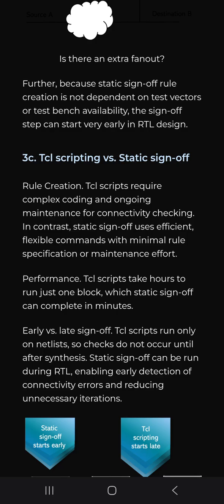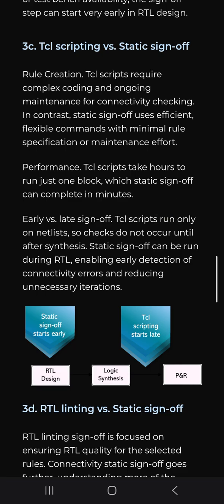TCL scripts take hours to run just one block, which static sign-off can complete in minutes. Netlist only versus RTL sign-off: TCL scripts run only on the netlist, so checks do not occur until after synthesis. Static sign-off can be run during RTL, enabling early detection of connectivity errors and reducing unnecessary iterations.